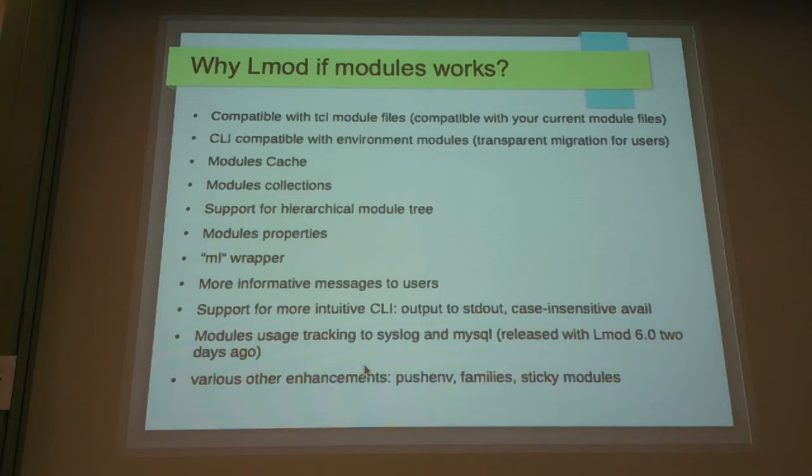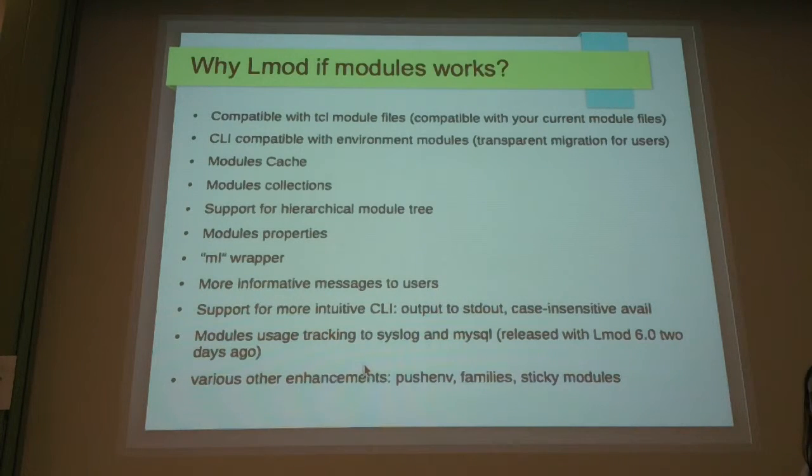You also have the ml wrapper, which seems a stupid thing, but it's really useful. For example, if you do only ml, it translates to module list. If you do ml and a module name, it translates to module load. If you do ml plus whatever minus whatever, it translates to remove this module, load this module.